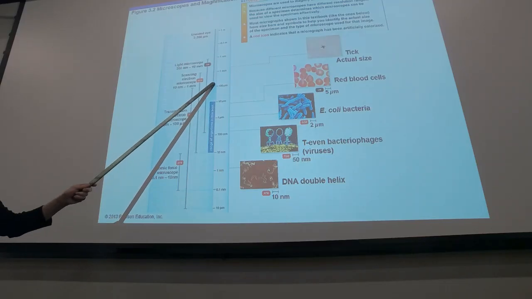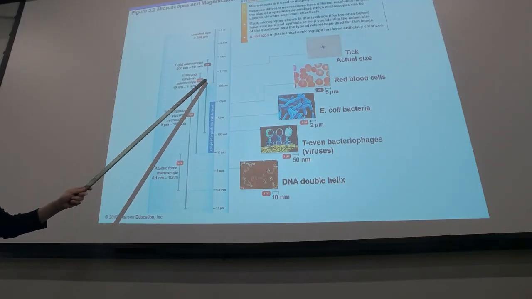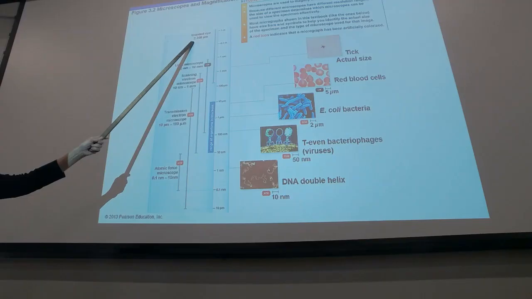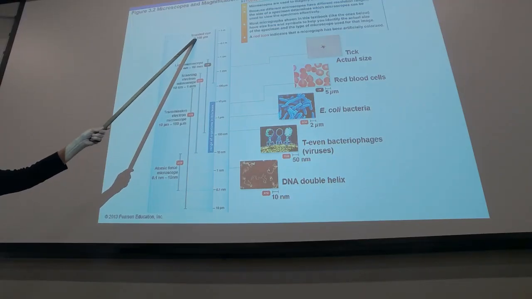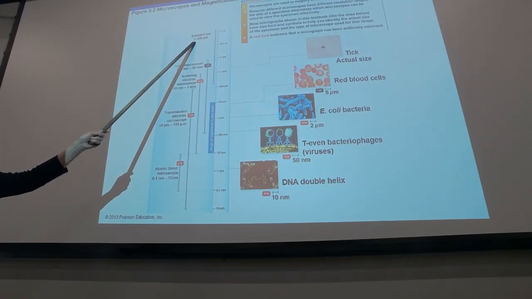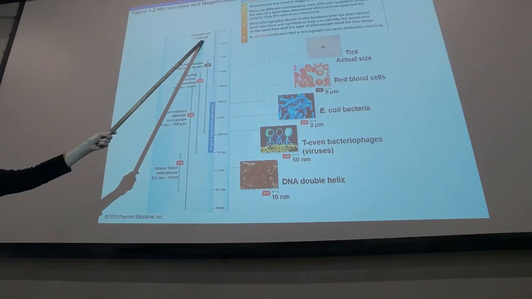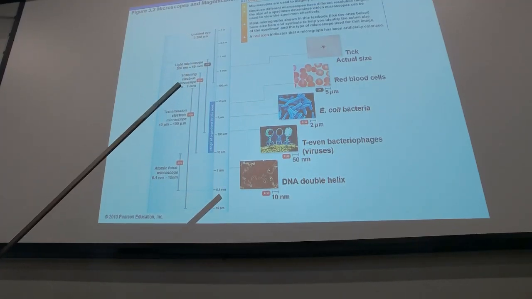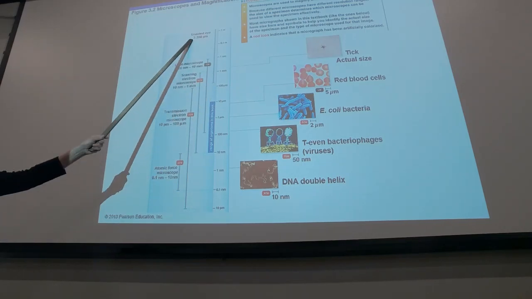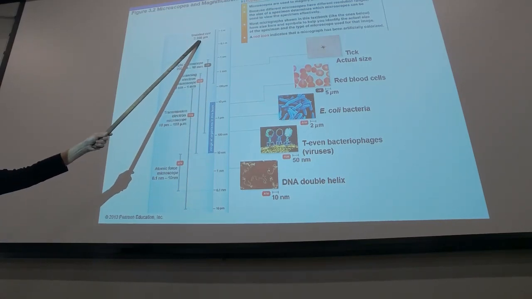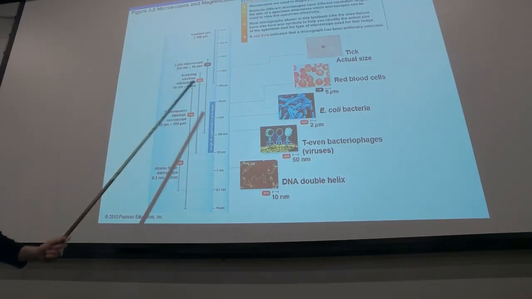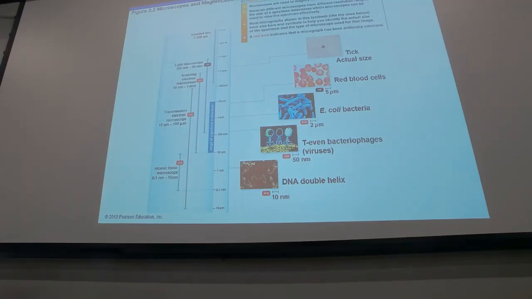Like for instance, with an eye, we can see objects greater than, this is the symbol, greater than or equal to 200 micrometers and above. So greater than 200 micrometers or equal to 200 micrometers, you can see objects without any help of a microscope, a naked eye.